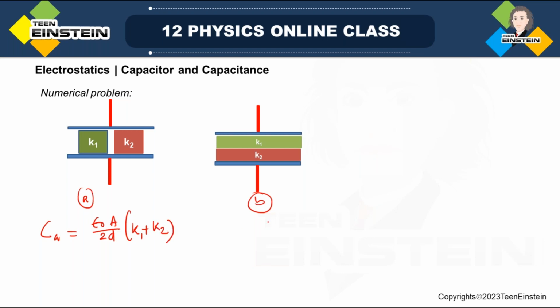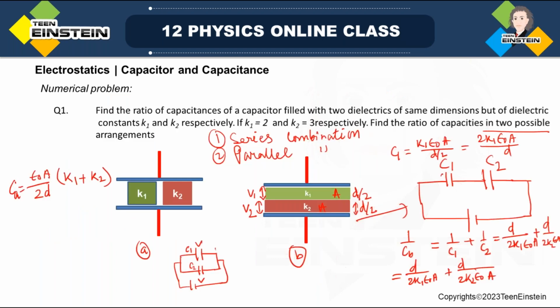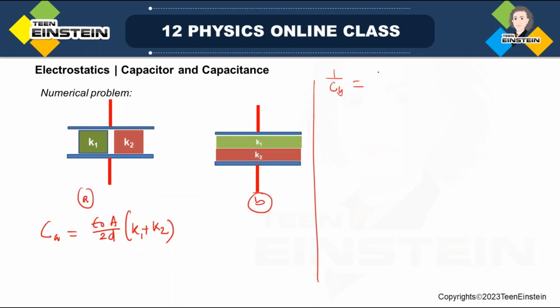This is what we had got, and for this, let us just write. So we had got 1 over CB, and that is equal to, you can see from here, D by 2 epsilon 0 A times (1 over K1 plus 1 over K2). This is what we have got.